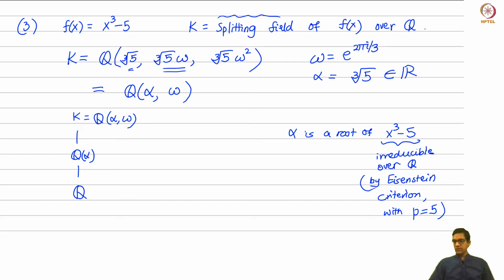So alpha is a root of this cubic polynomial, which is known to be irreducible over Q, which implies that this extension here must be a degree 3 extension, because the degree is the same as the degree of the irreducible polynomial that alpha satisfies. Now what about the other one? Up here we need to look for what is the polynomial that omega satisfies over this field Q alpha.